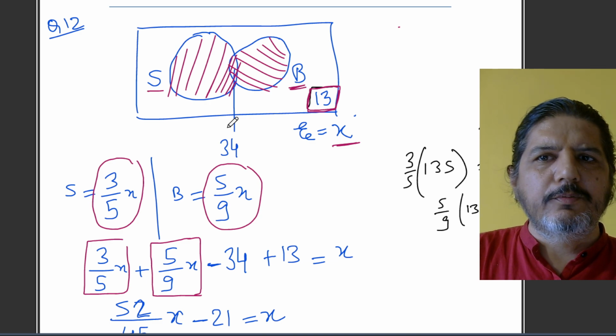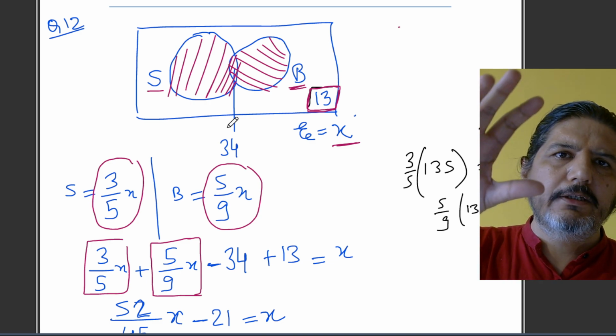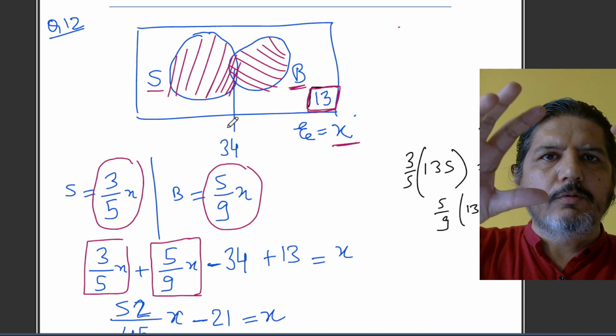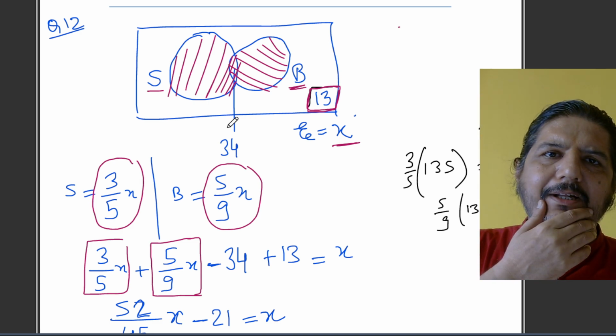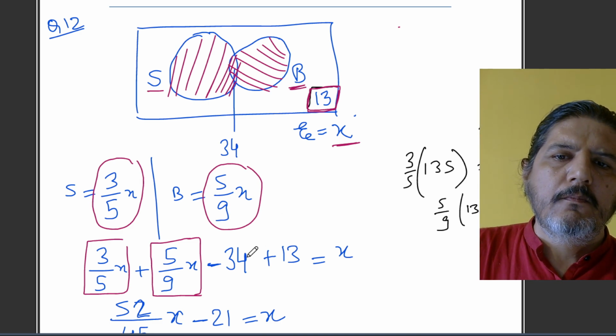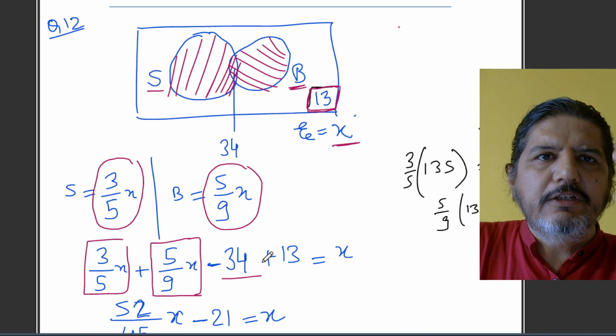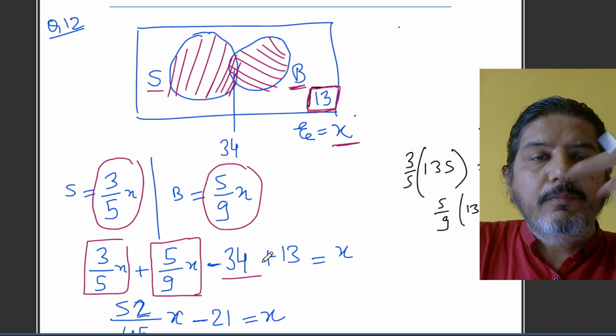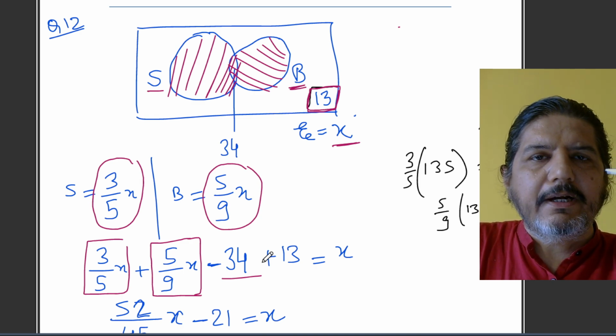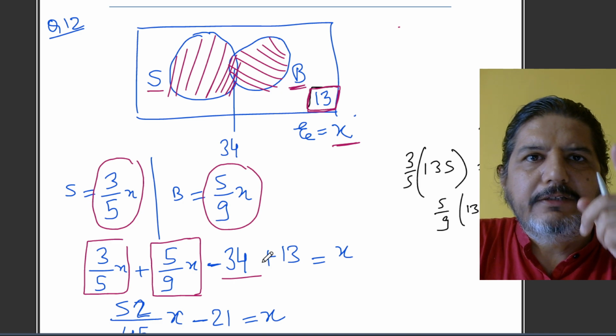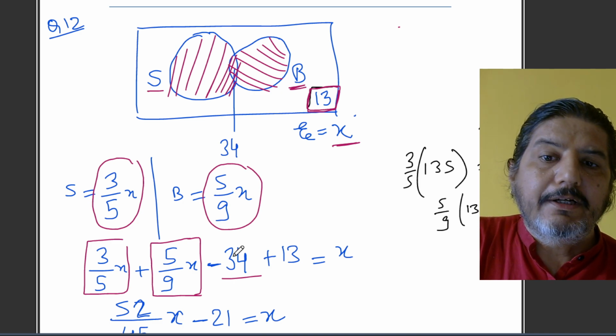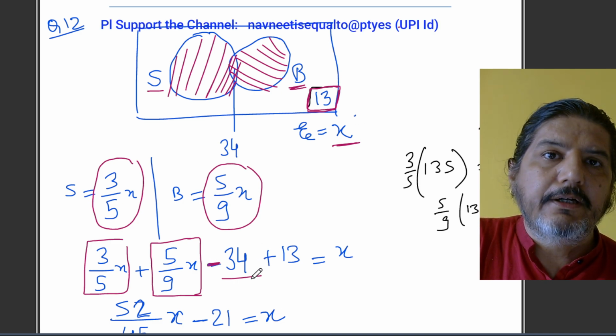They would be counted twice because I have counted them in swimming also, and in badminton also. So I have to subtract once, because I can take these elements only once. That is why I've subtracted 34.